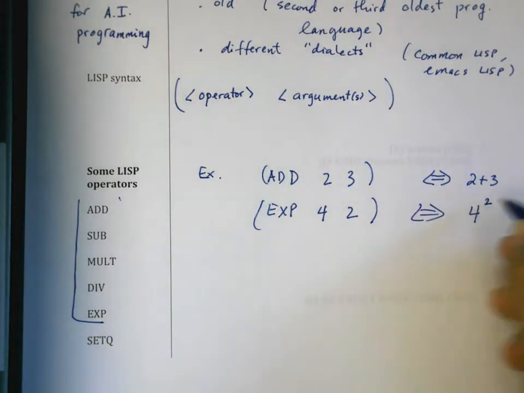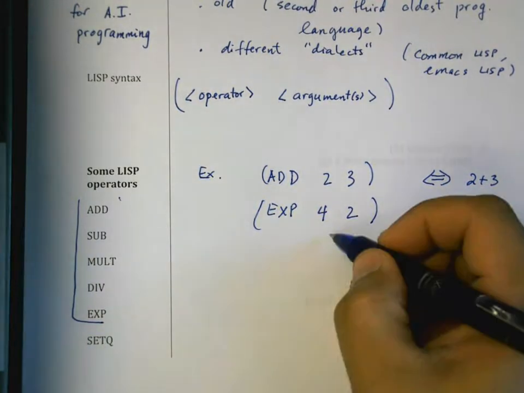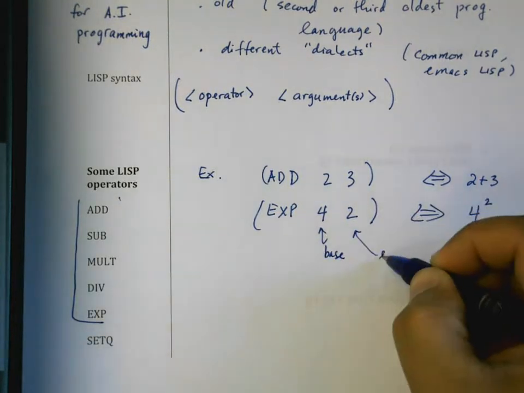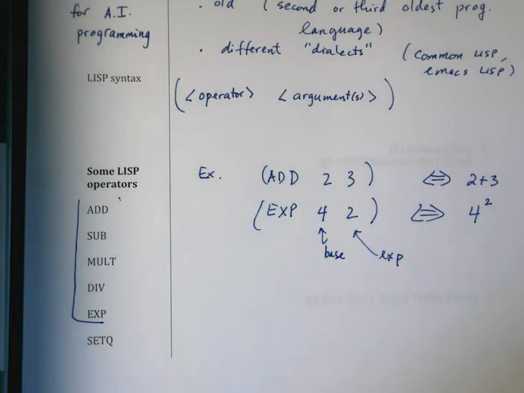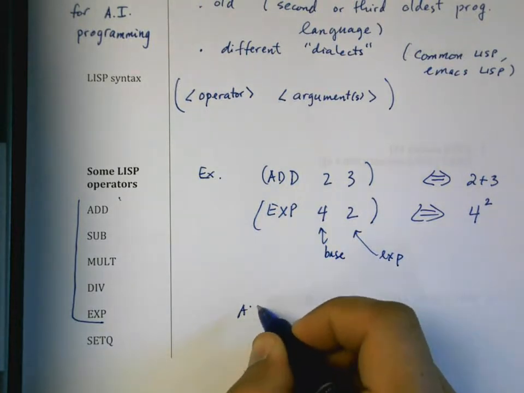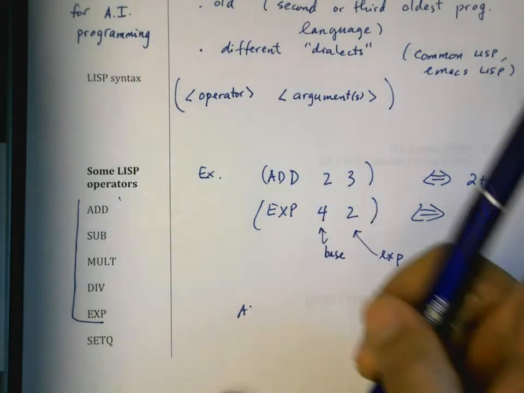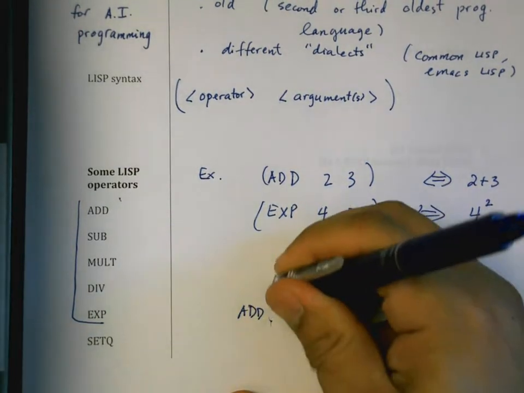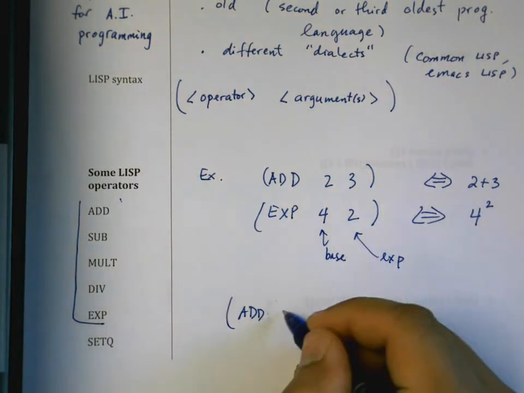The thing that's a little different about Lisp is that you can also include a list. So you can do something like add 2 3 4 5, which is the equivalent of 2 plus 3 plus 4 plus 5.